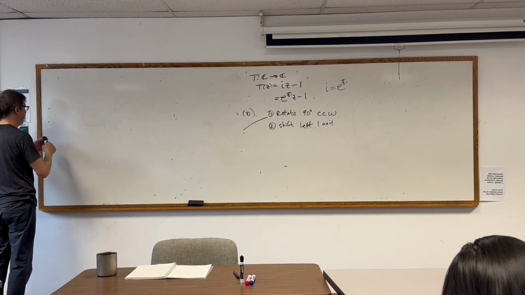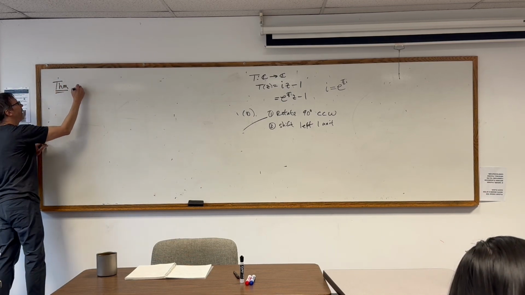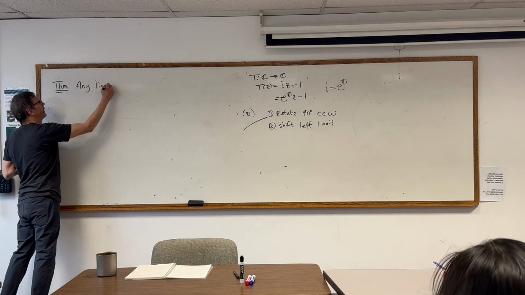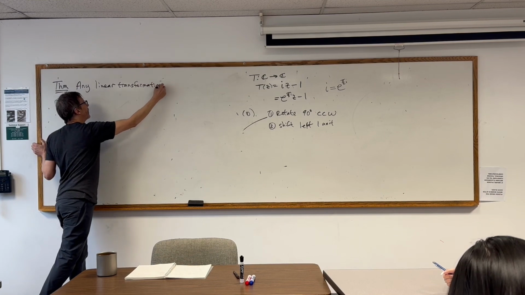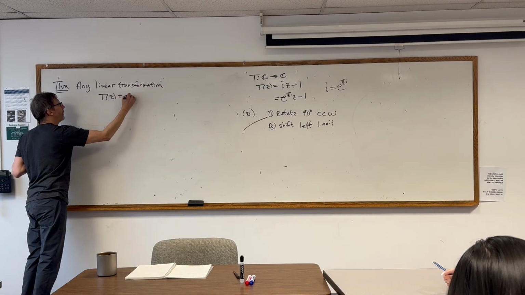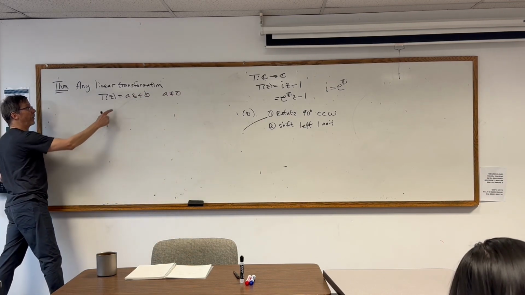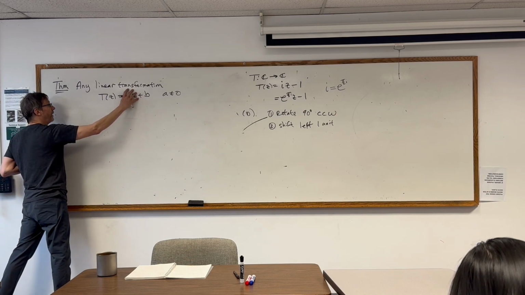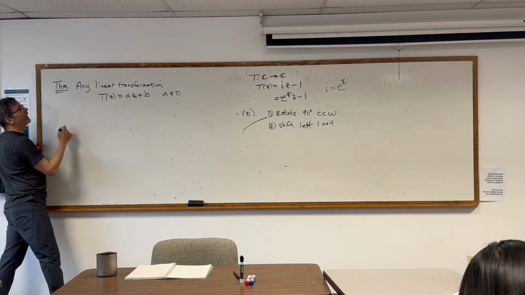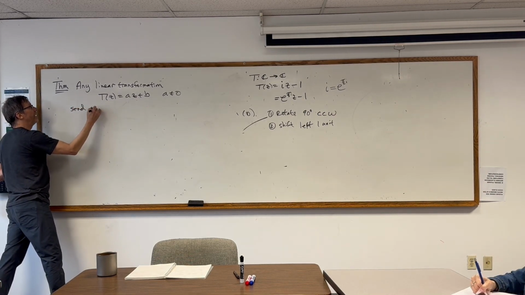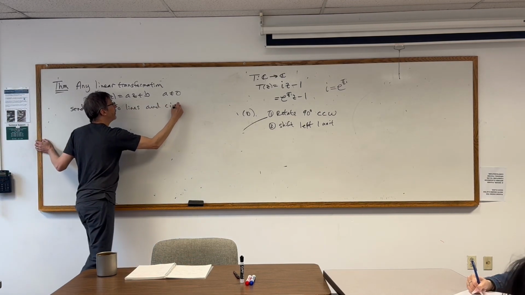This is some theorem in the book, I don't quite know which one, but we have a theorem that says any linear transformation, let's be clear about what we mean, T(z) = Az + B, where A is not 0, because otherwise it just crushes everything to B. Any linear transformation sends lines to lines and circles to circles.